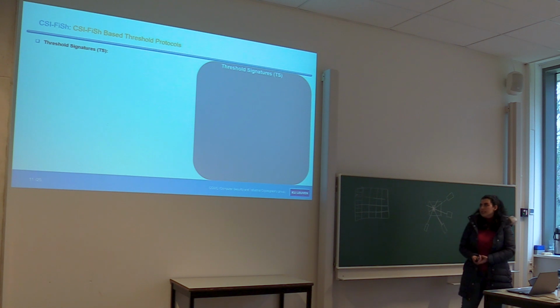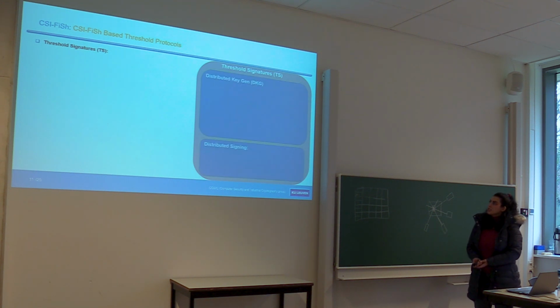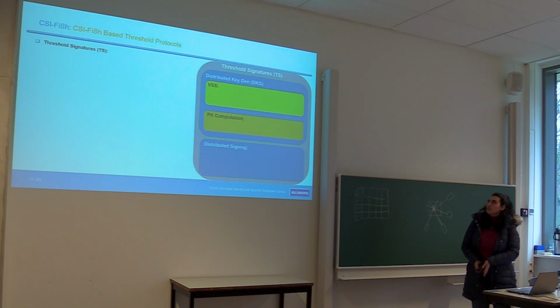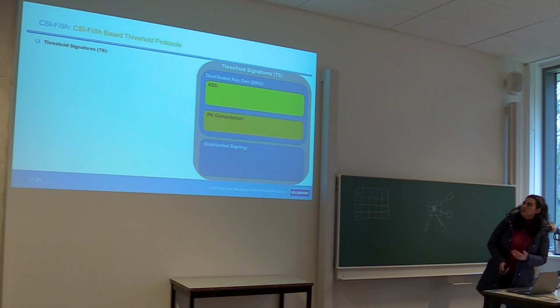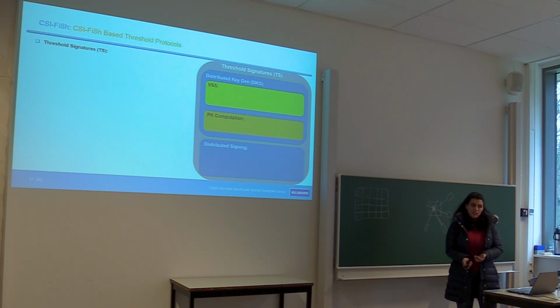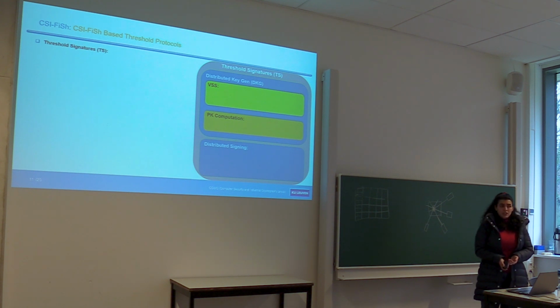Okay, what is a threshold signature? A threshold signature consists of two sub-protocols: distributed keygen and distributed signing. Distributed keygen is divided into two main parts: verifiable secret sharing and public key computation.